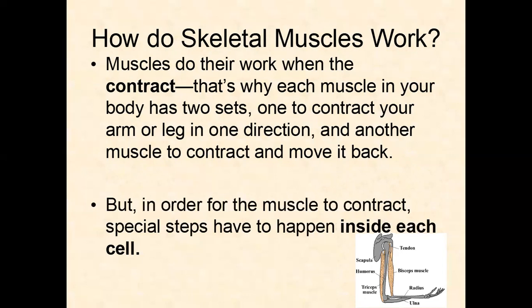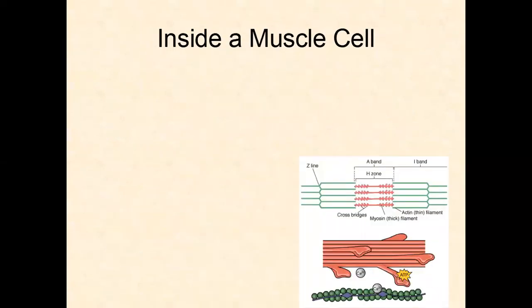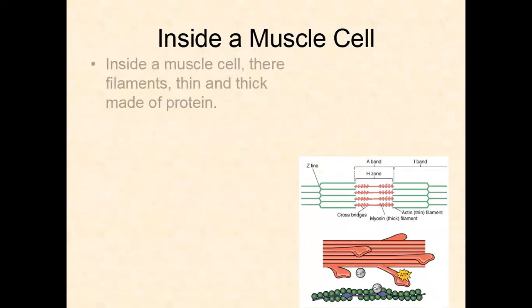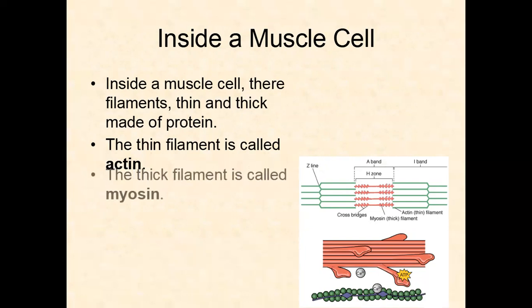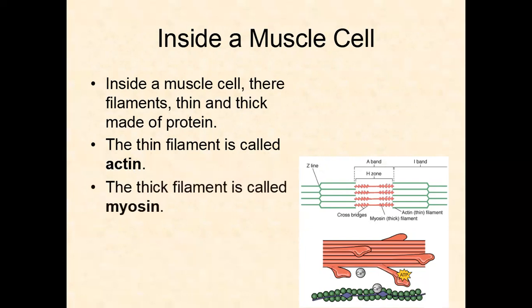But for muscles to contract, special steps have to happen inside each cell. So now we see the anatomy, the internal structure of muscle cells. Inside muscle cells, there are thin and thick filaments made of protein. The thin filament is called actin, which is also a protein. The thick filament is called myosin, which is also a protein.